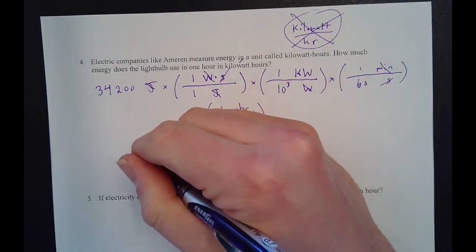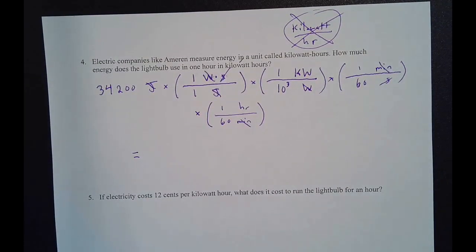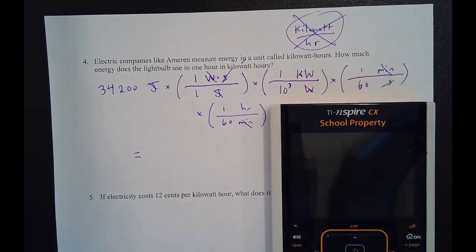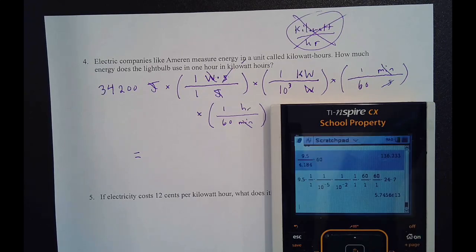So if I plug all this into my calculator, I have 34,200 times 1 over 1 divided by 10 to the third, divided by 60, divided by 60.